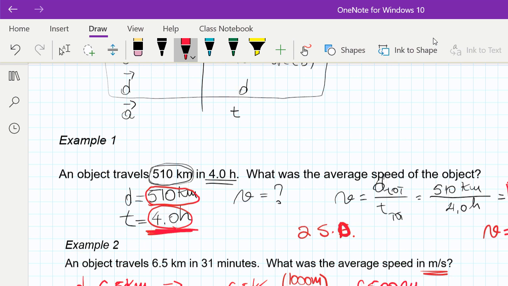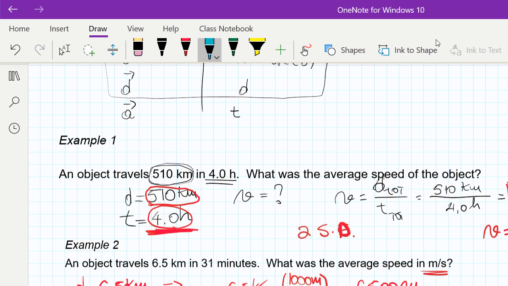Okay. And now we have time in minutes. Let's convert time into seconds. So in 1 minute, we have 60 seconds. What is the ratio that we are multiplying it by now? 60 over 1 or 1 over 60?